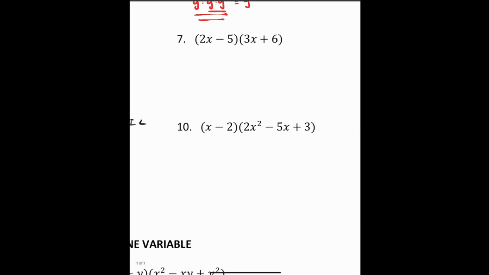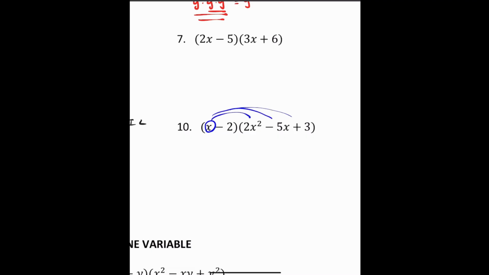Number 10 is a little weird, but that's okay, and I'm going to walk you through the process here. We have x minus 2 times this trinomial here, so a binomial times a trinomial. What we're going to do is we're going to look at this x here, and we're going to distribute that x to each term, okay?